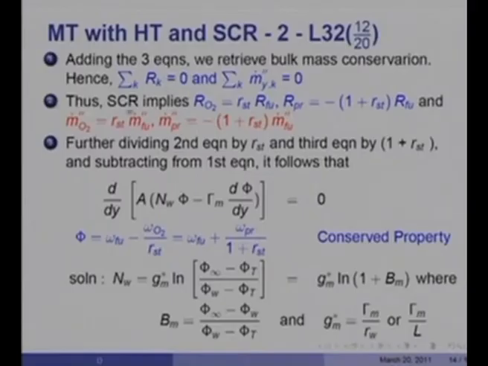So, therefore, stoichiometry simply implies that R_O2, the oxygen depletion rate, is equal to RST times the fuel depletion rate. On the other hand, the product generation rate would be 1 plus RST times the fuel depletion rate, and likewise the diffusion of oxygen would be RST times m dot double prime Fu, and the product 1 plus RST m double dot Fu.